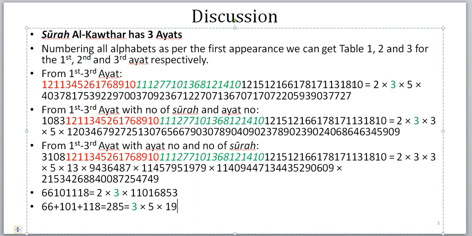Interestingly, we see that all the numbers in our concern can be divided by 3. That means this number, this big number, this number, and finally this number, all these numbers are divisible by 3.